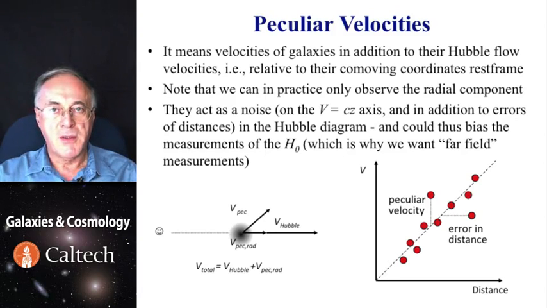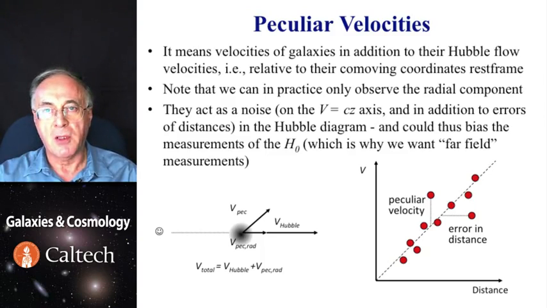Now, even though velocities are three-dimensional vectors, we can only observe the radial component because galaxies move way too slowly on the sky for us to actually measure that. So if you're interested in some aspect of cosmological expansion, then these peculiar velocities are like velocity noise atop the actual Hubble flow signal.